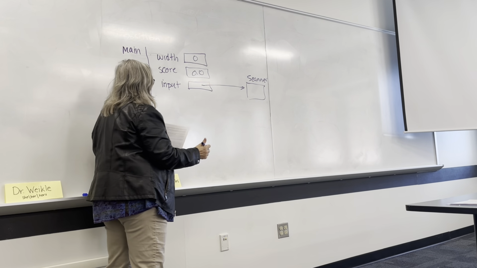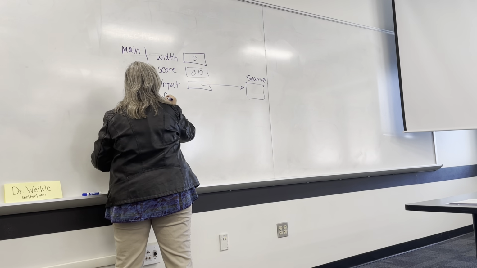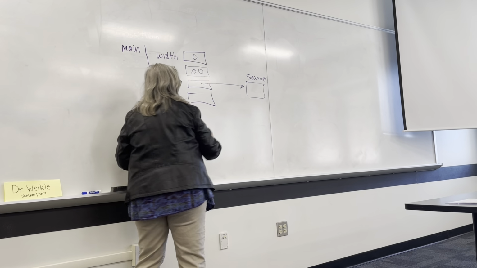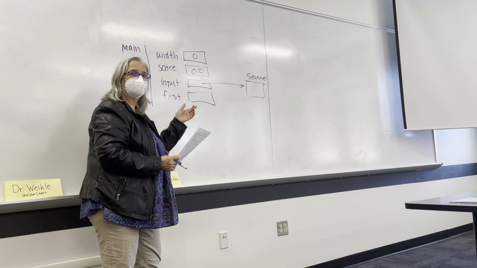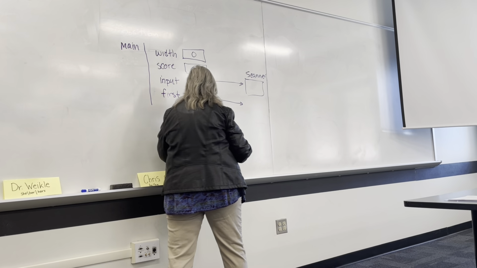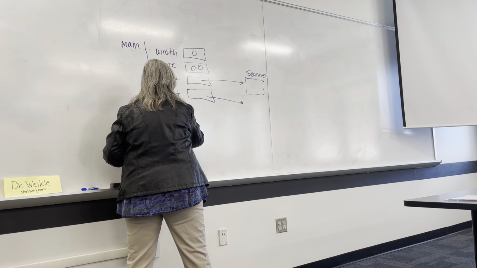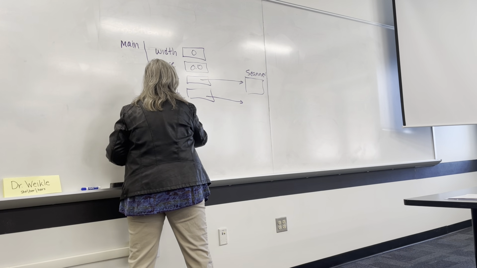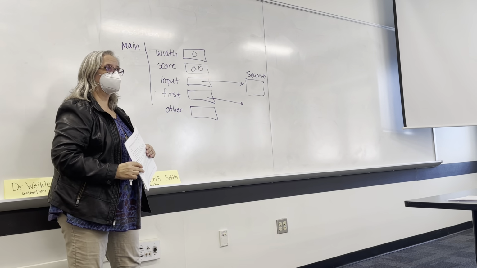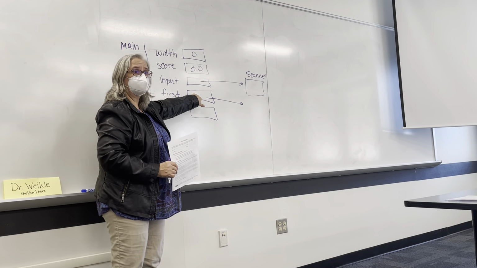And then first is a String. Reference or primitive? Shout it out: reference. Other. I just did something wrong here. What did I do wrong? Have I assigned anything to it yet?